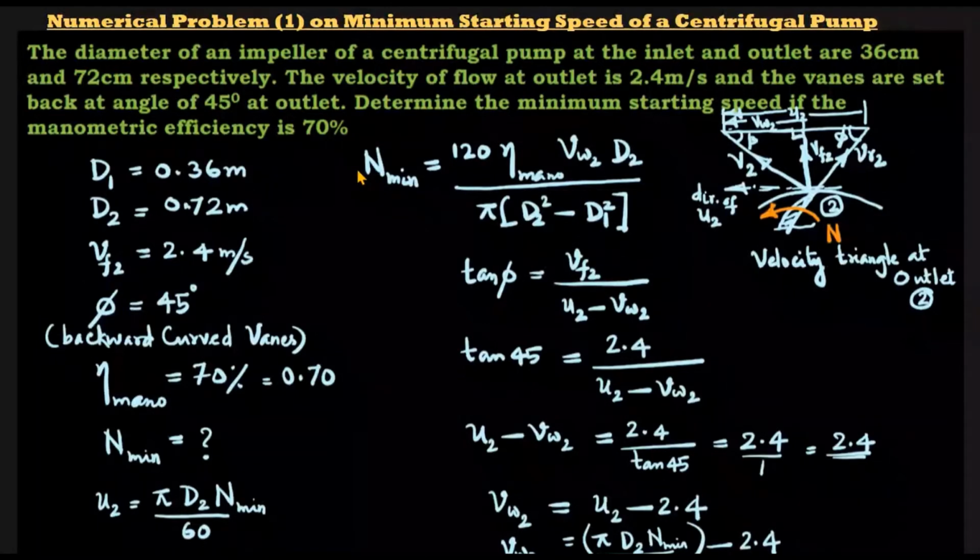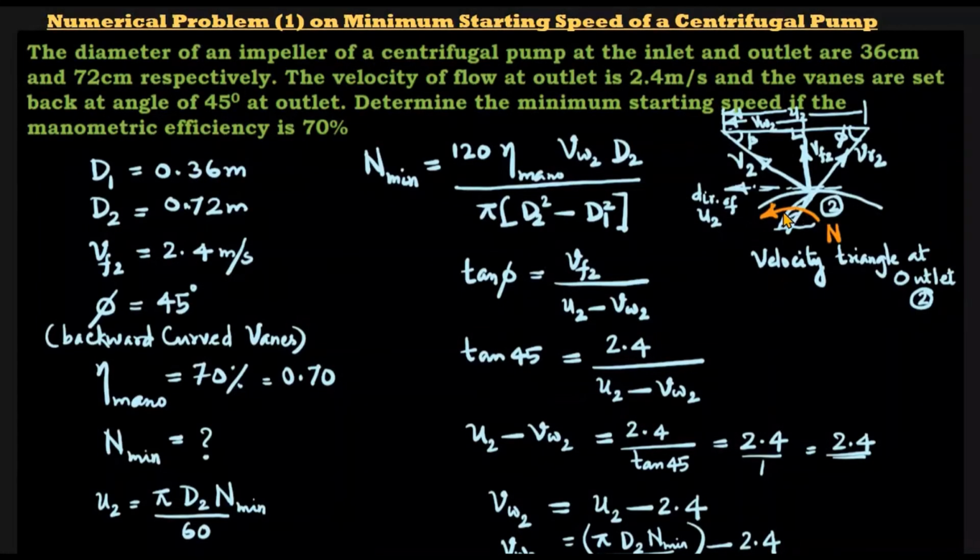N minimum, the starting speed in terms of manometric efficiency, whirl component of velocity at outlet VW2, and the impeller diameters at inlet and outlet D1 and D2, is N minimum equal to 120 eta mano into VW2 D2 divided by pi into D2 square minus D1 square. But this is not the case of a direct substitution, because here the whirl component of velocity VW2 is not available, but the flow component is available.